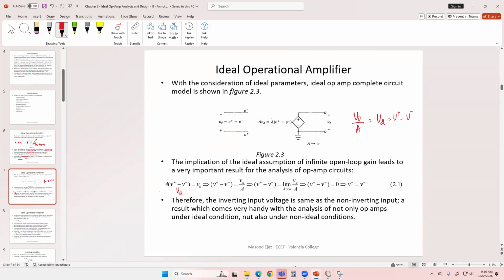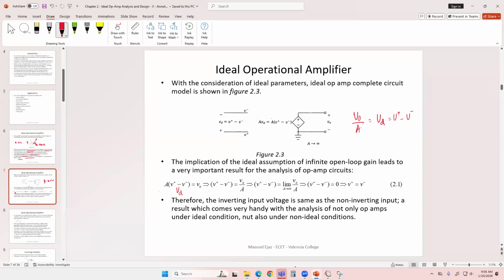So V positive minus V negative will be approximately 0, which means that V positive is equal to V negative. This is an extremely important result when we are analyzing circuits with operational amplifier. And this result tells us that whatever voltage you're going to find at the non-inverting input, the same voltage you're going to find at the inverting input of the operational amplifier.